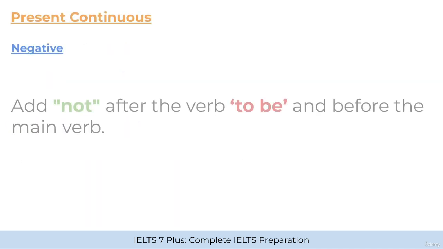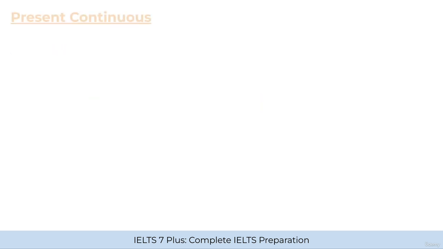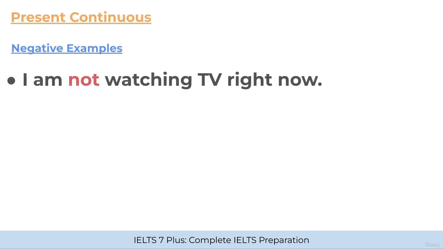Okay, so how do we form negatives? Well, we want to put our word not after the verb to be, but before the main verb. So we'll see this in action. I am not watching TV right now. So we have am being the form of the verb to be, and then we want to put not after.